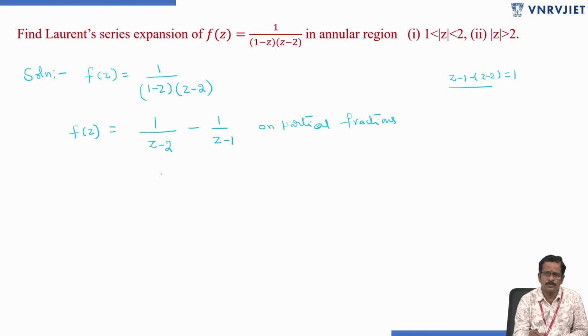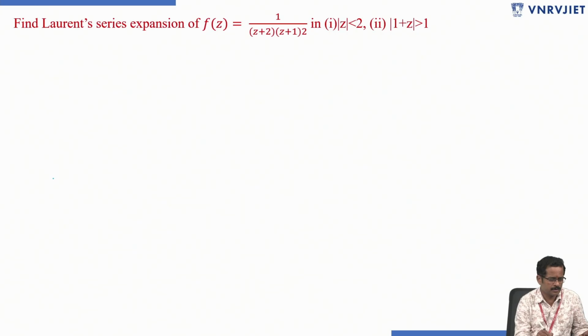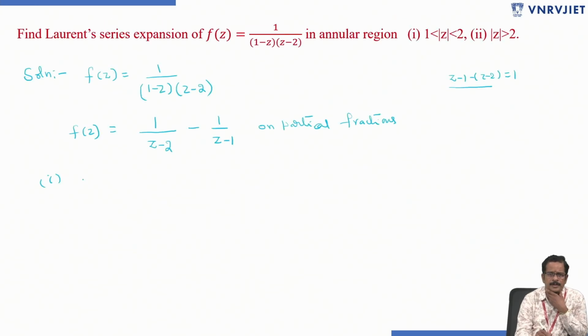Right, now the first question is in the region 1 less than mod z less than 2, which is nothing but mod z greater than 1 and mod z less than 2.